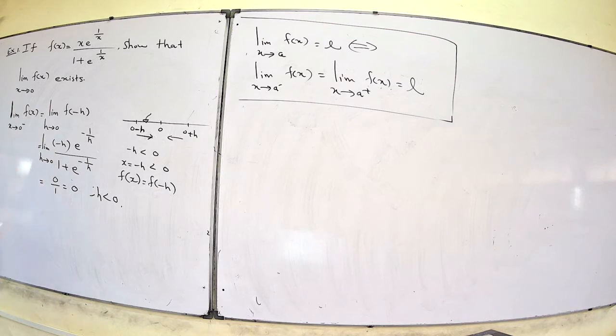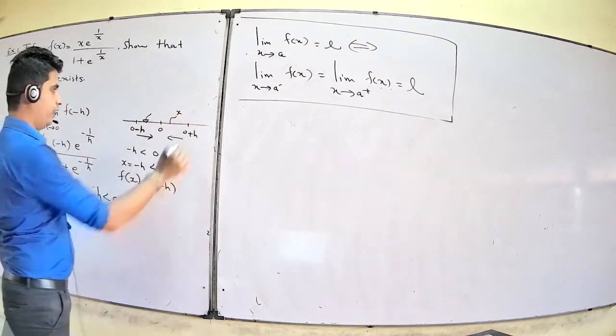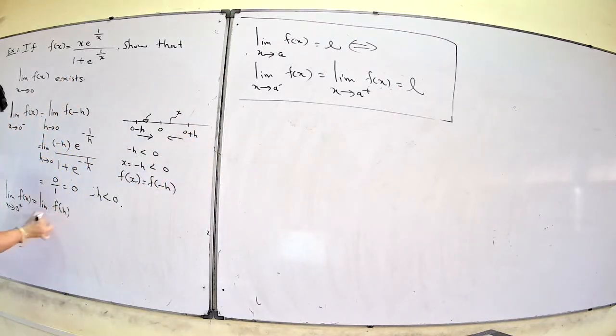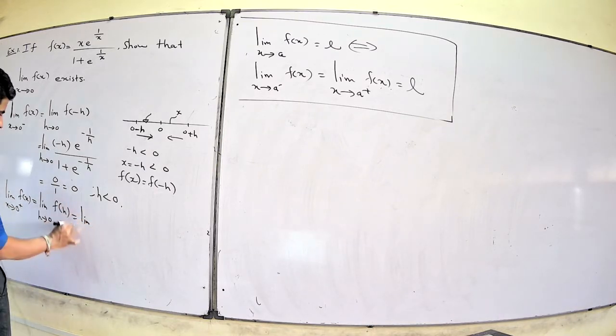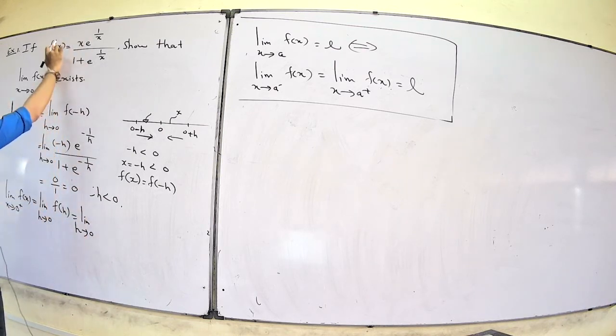Now we want to find the right limit, the limit of f of x as x tends to 0 plus. 0 plus means you can put any values for x. We put here 0 plus h, therefore you take f of h as h tends to 0. Now you apply the function f of x and put x equal to h.